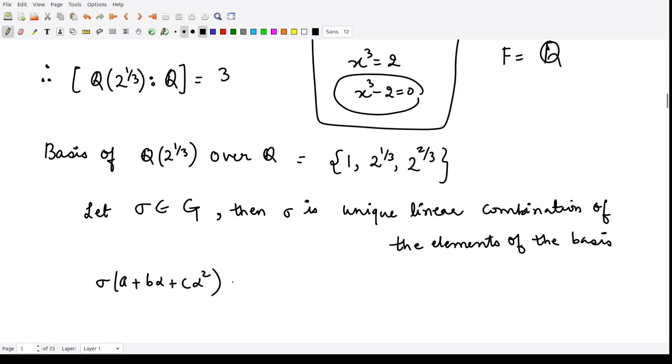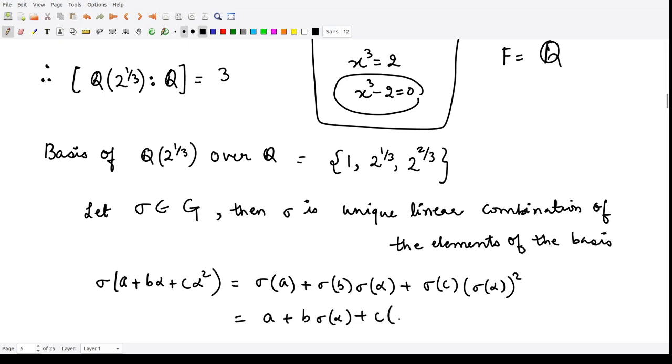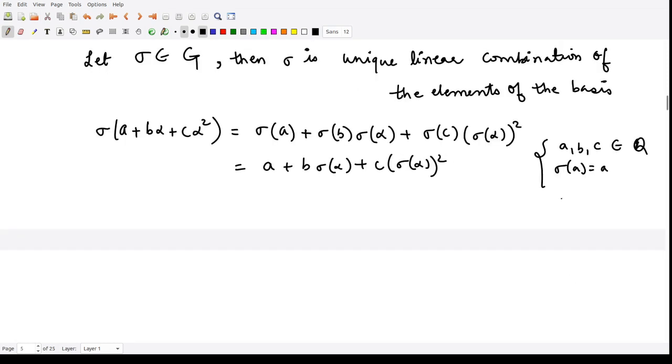That means the linear combination. And what would be sigma of this? Sigma of A plus sigma of B sigma of alpha plus sigma of C sigma of alpha whole square. Now this would be equal to A plus B into sigma alpha plus C into sigma alpha whole square. Why? Because all the elements A, B and C belong to this lower field Q. So that means sigma of A would be equal to A, sigma of B would be equal to B and sigma of C would be equal to C. So this is what we would have.